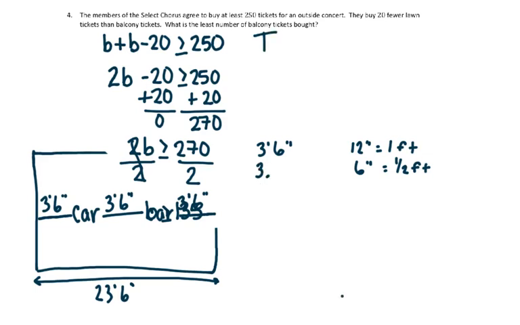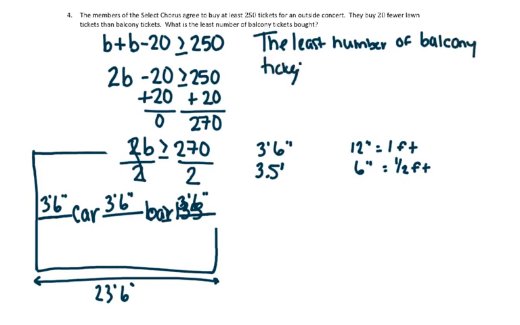So I'm going to write that out. The least number of balcony tickets purchased was 135. And we're going to represent that in a graph right now.